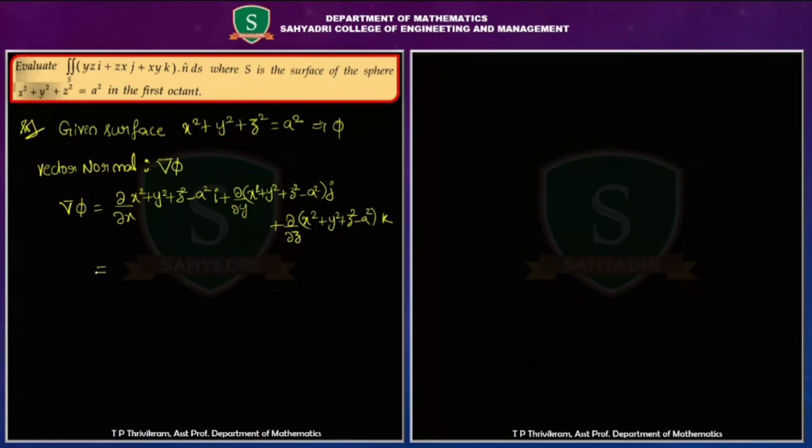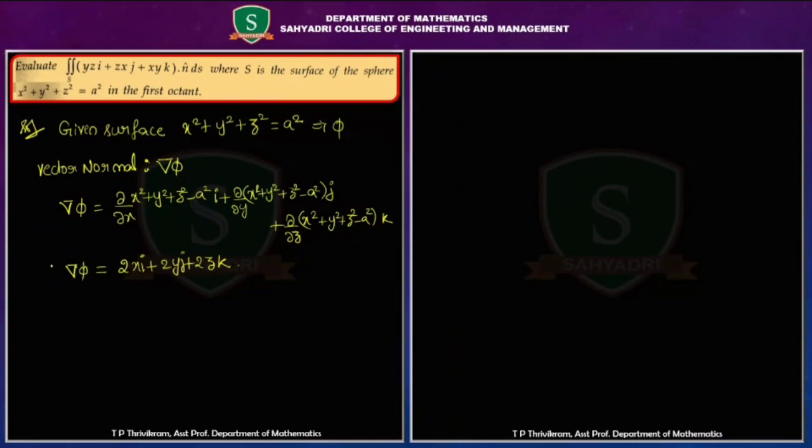So this equals 2x i plus 2y j plus 2z k. So this is the vector normal.